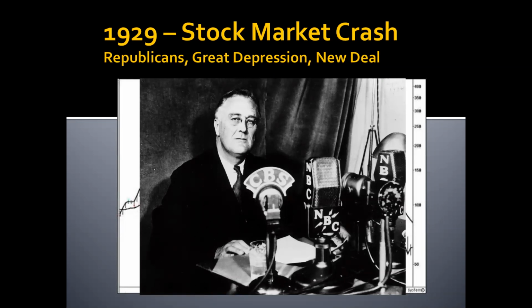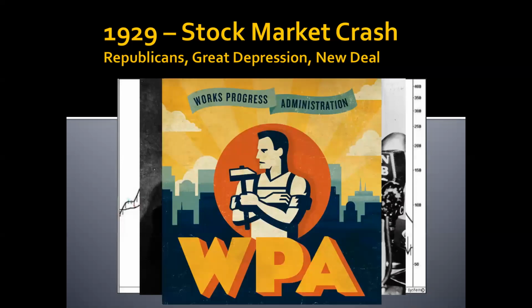So while the New Deal does provide some economic aid to Americans, like the creation of the Social Security Act, most of the New Deal is targeted towards creating jobs and creating ways for Americans to make money through things like the Works Progress Administration, or the WPA. So again, the New Deal is more about job creation than direct financial benefits, but some of those things do exist, like the Social Security Act.